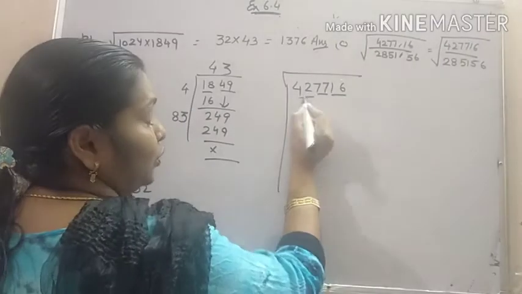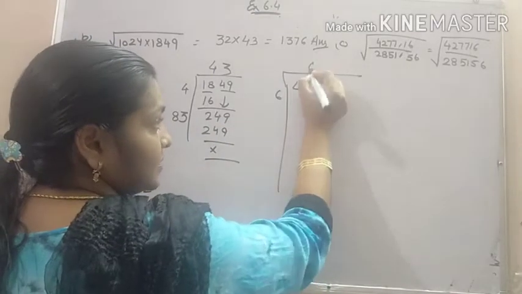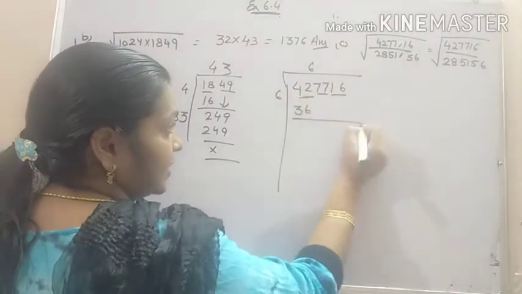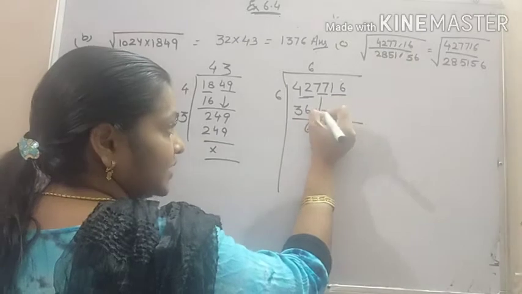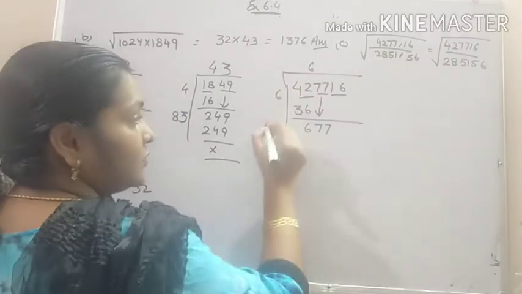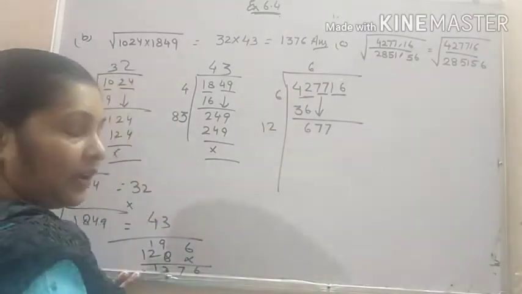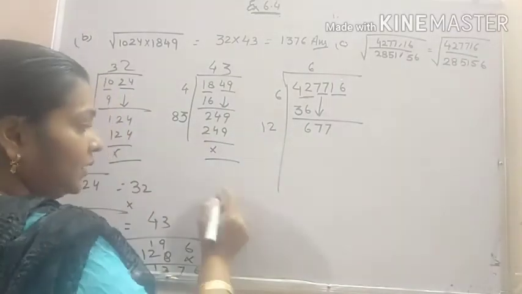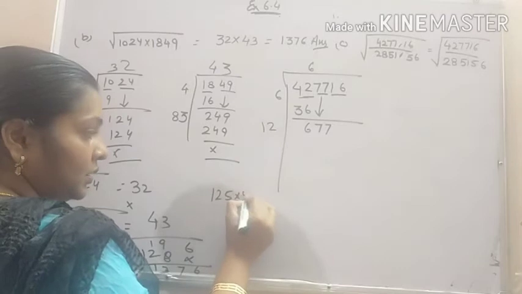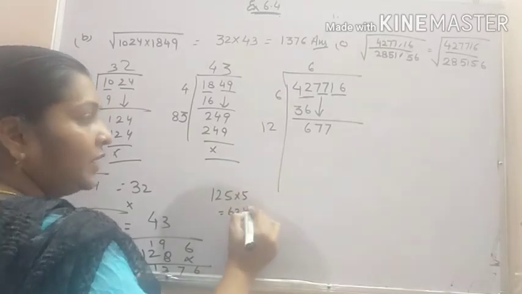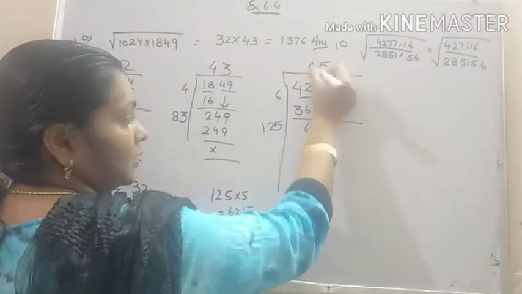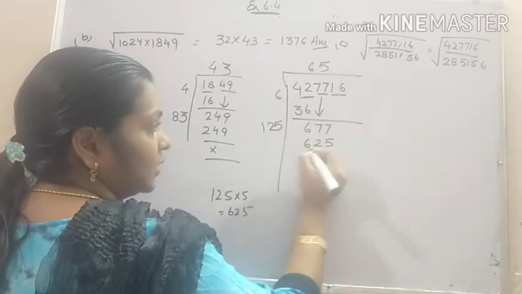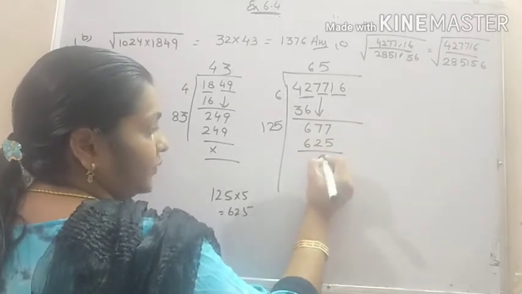See, 42. It will go on 6. 6 6s are 36. What is left? 6. Bring the next pair down. Double of 6, 12. Now in the table of 12, it will go on 5 I think. Let's check. It will be 6 2 5. 52 is left.